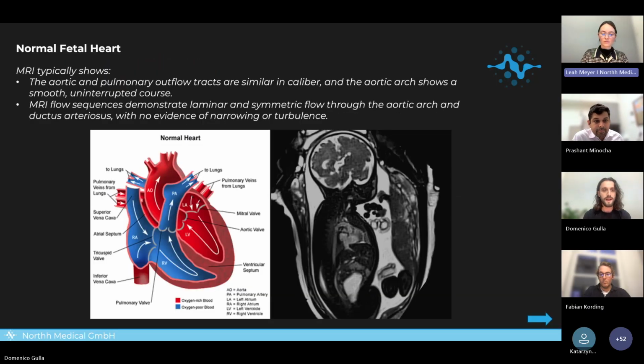Here is a slide showing the normal fetal heart. MRI typically shows the aortic and pulmonary outflow tracts are similar in caliber, and the aortic arch shows a smooth, curved course. MRI flow sequences demonstrate laminar flow through the aortic arch and ductus arteriosus with no evidence of narrowing or turbulence, as you can see in the MRI images on the right.